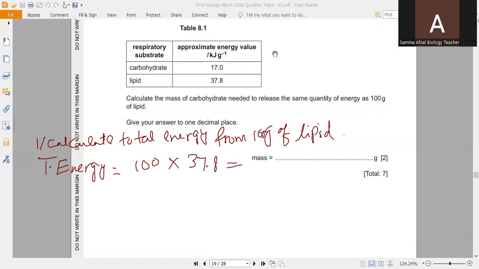This is very simple. It will give the answer 3780 kilojoules.